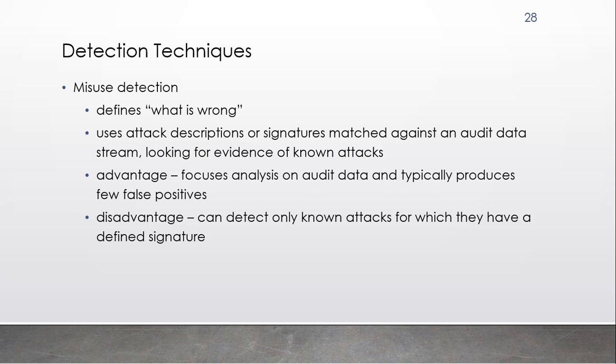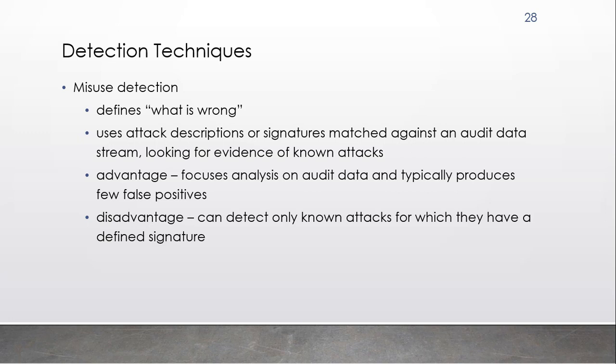This approach to intrusion detection can only identify known attacks, that is, those whose signatures have been recorded for use by the IDS. Thus, misuse detection defines what is wrong, using these attack descriptions or signatures and matching them against an audit data stream, looking for evidence of these known attacks.